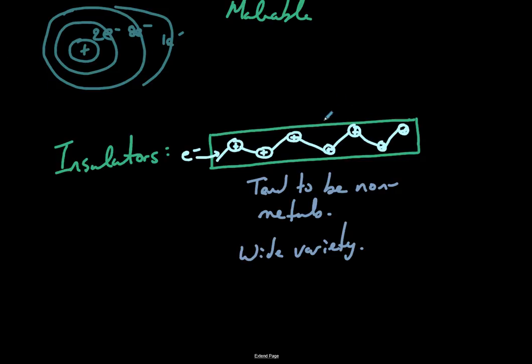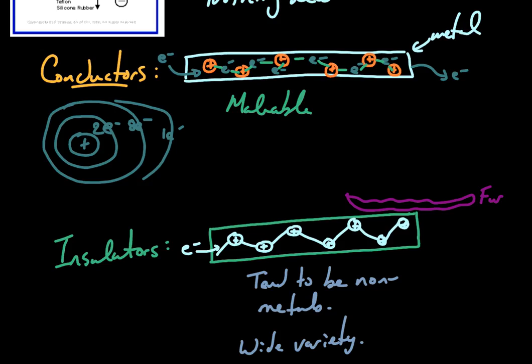Well, I take this insulated rod here, ebonite or whatever, and I rub it with, say, some fur. What you might find here is, originally, before we do any charging, the fur and this plastic rod have an equal number of protons and electrons, and therefore they're both neutral, right?